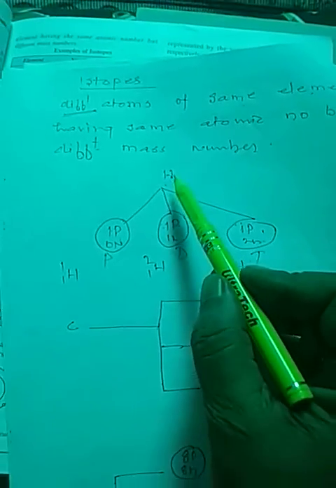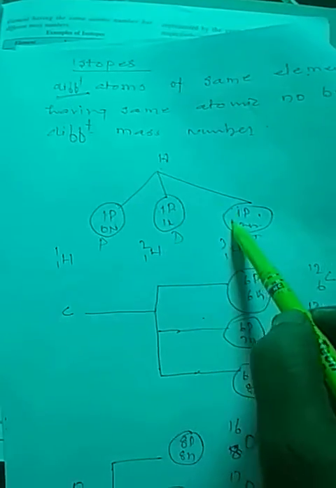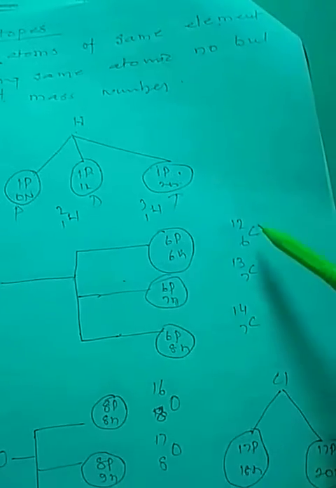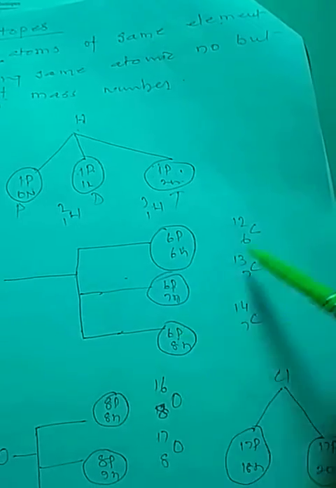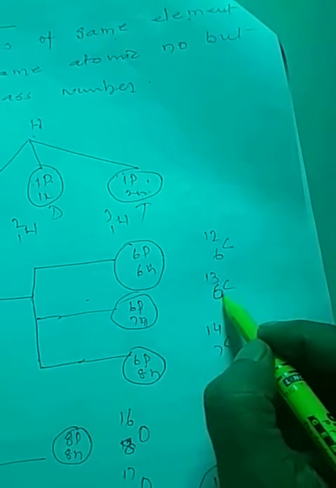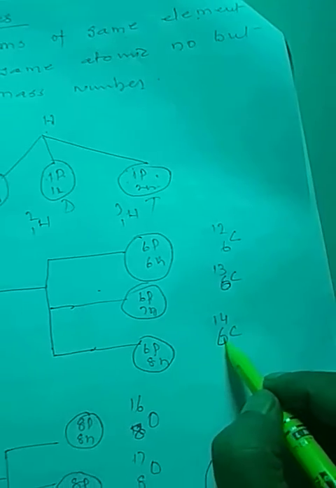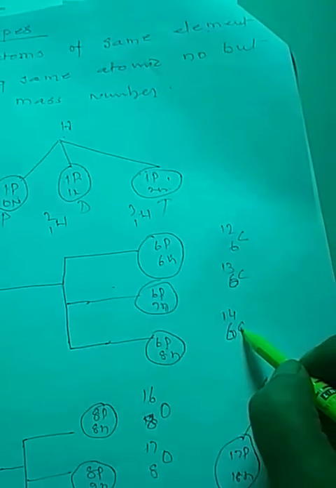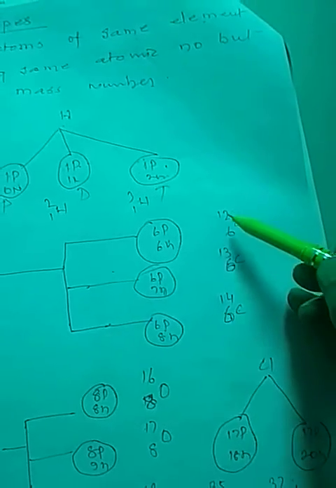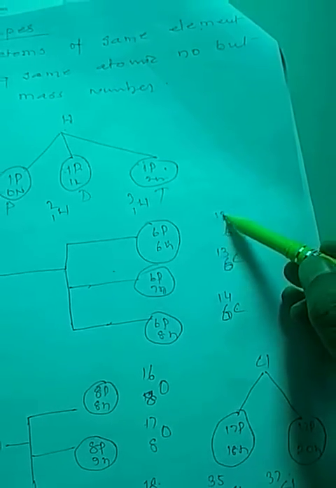Here are the examples. There are 3 isotopes of hydrogen, like 3 isotopes of carbon. All the 3 carbons have atomic number 6, but mass number is 12.